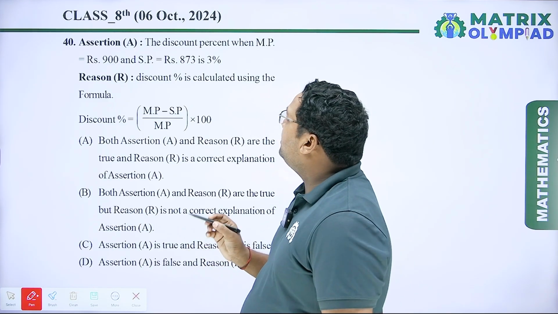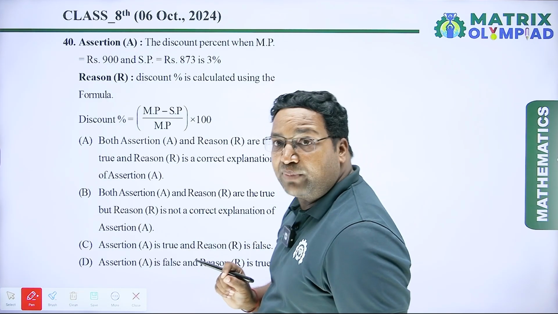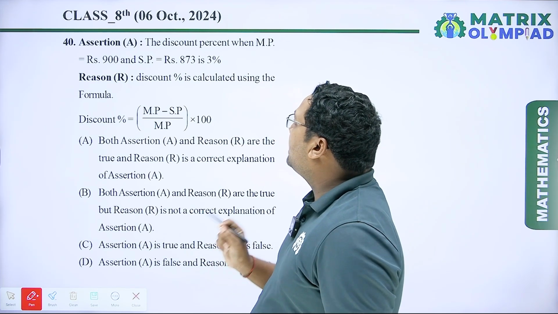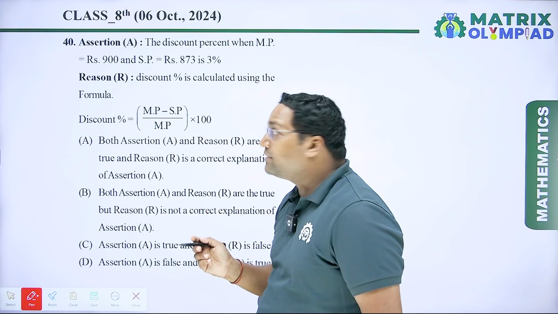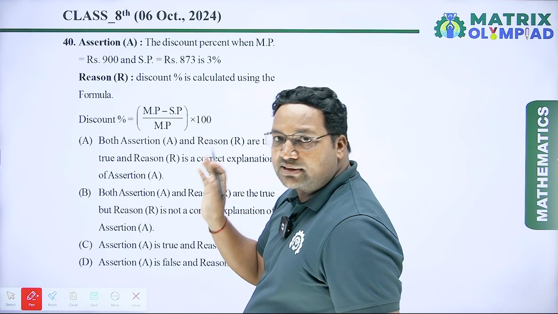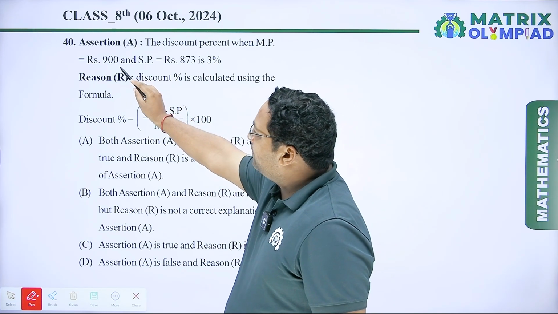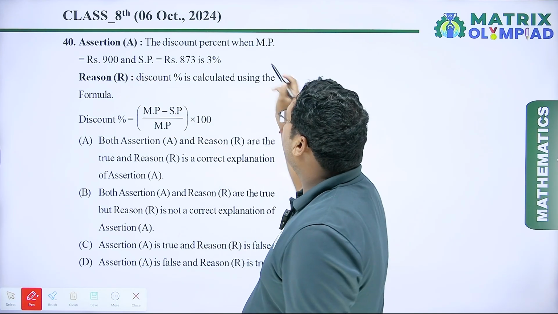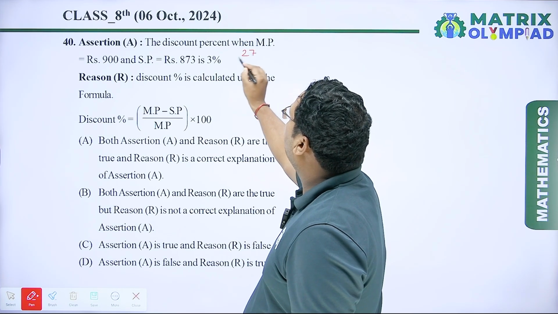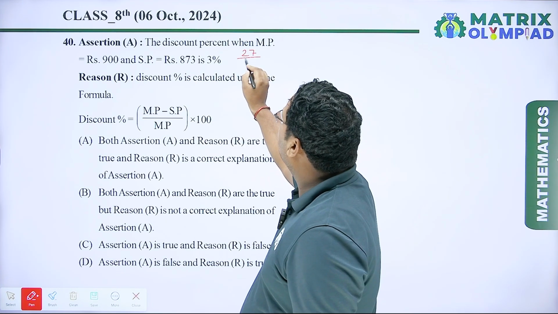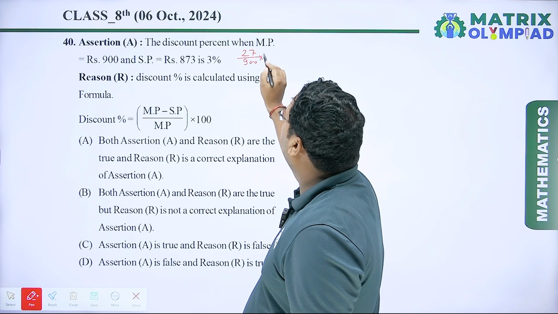Next, question number 40. The discount percentage when maximum price is 900 and selling price is 873 is 3%. Let's calculate the discount percentage. We subtract these numbers, so we get 27 upon maximum price 900 into 100.